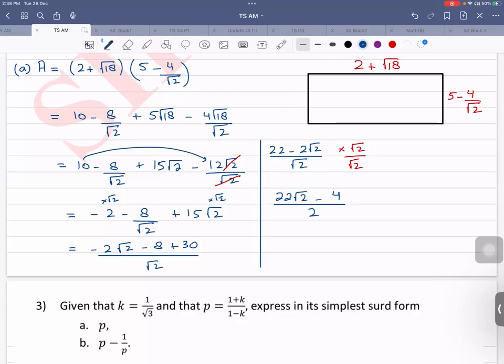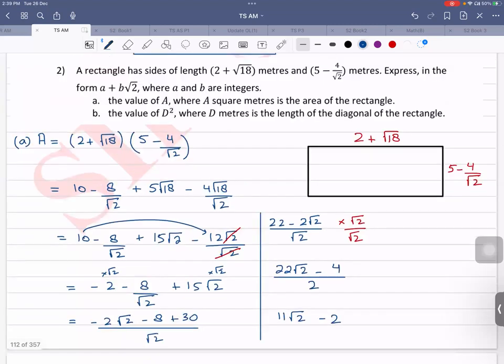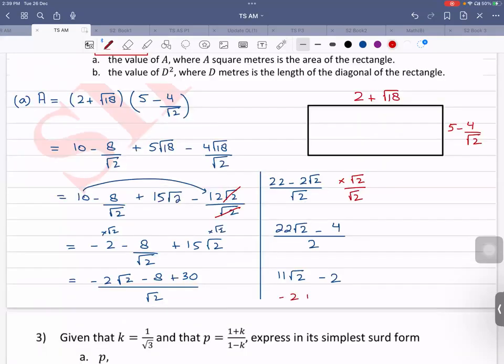And then what you could do is you could take 2 common from the numerator and cancel it out with the denominator, which would leave you with the answer as 11 square root 2 minus 2. The question said what form the answer should be in: a plus b square root 2. So let's write it like this.